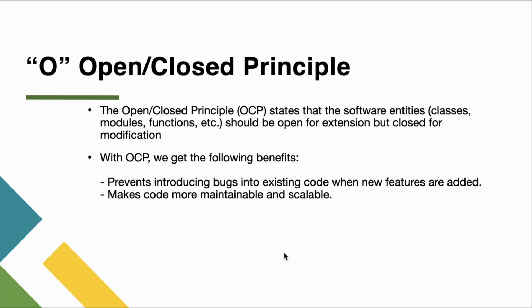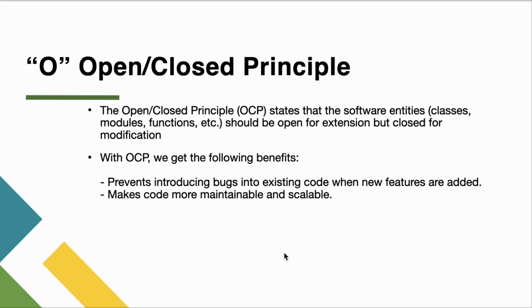Now moving to O, which stands for open closed principle. The definition says that software entities like classes, modules, functions, etc. should be open for extension but closed for modification. Which means that you create a class which will perform some kind of function, and that particular class should be closed for modification and open for extension.